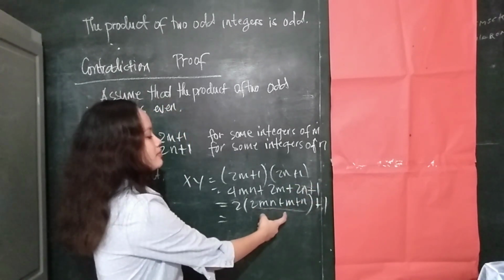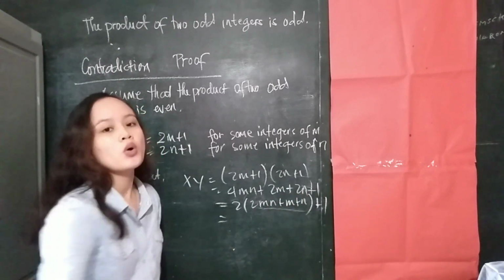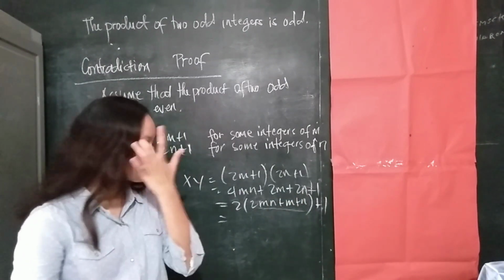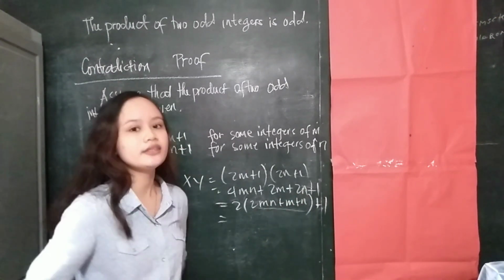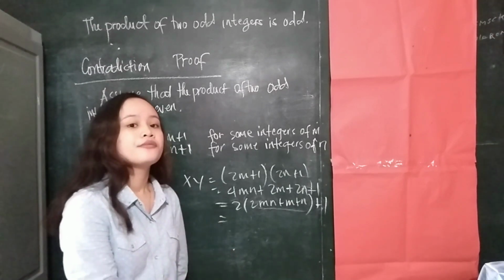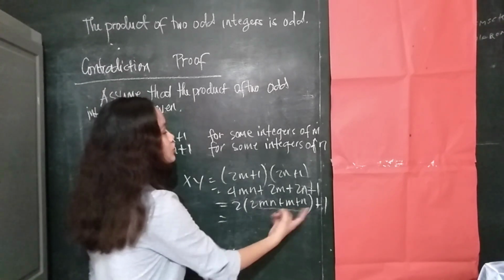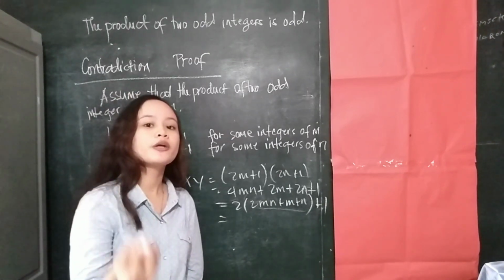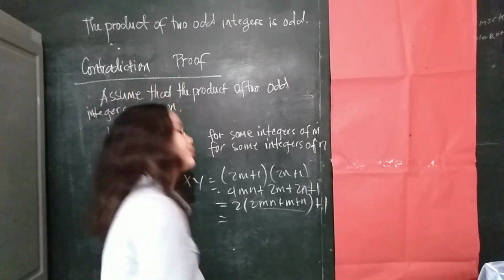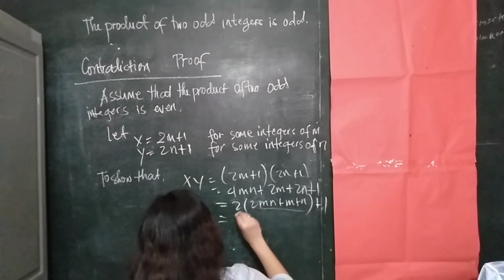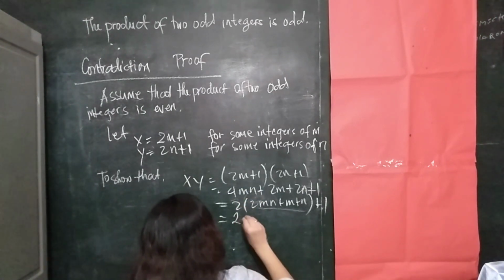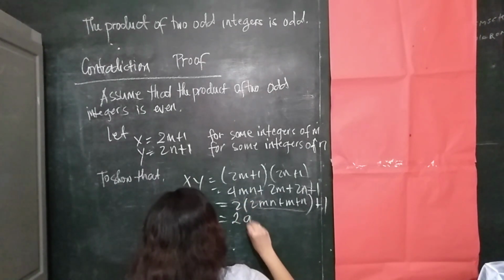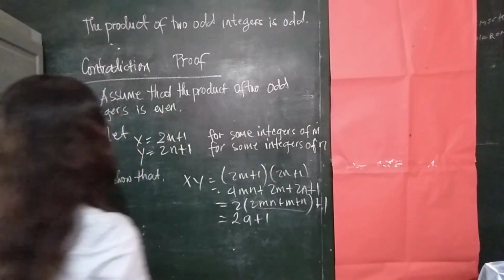So the 2mn plus m plus n are all integers. So the sum of these integers will be an integer. So we are going to use the variable a to represent the integer. Copy the 2 times a plus 1.